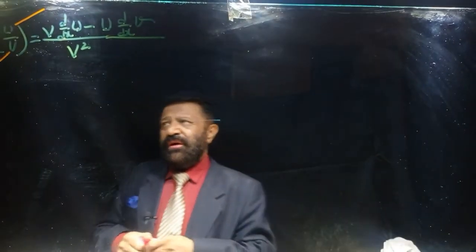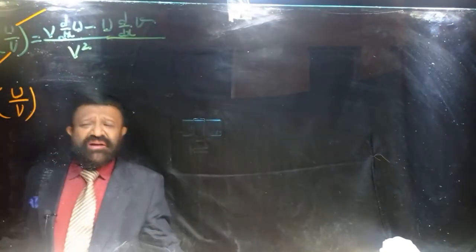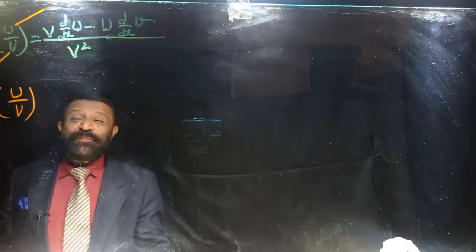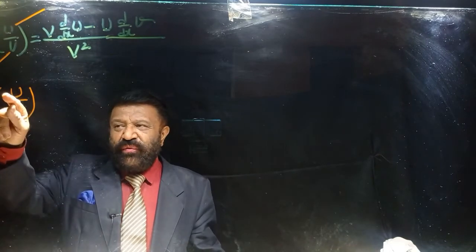Now this is the quotient function, that is, the derivative of u divided by v. First of all, you should know how to write it. If you don't know how to write it, how will you proceed? So that is u divided by v.